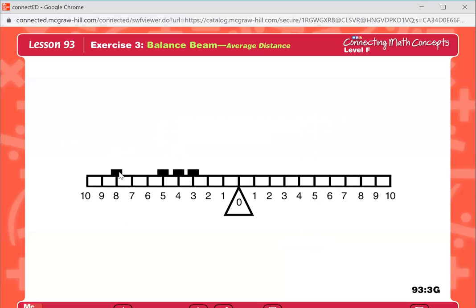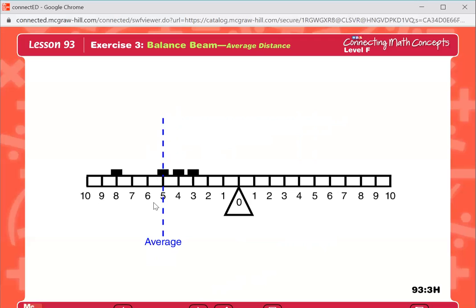By 4, because you have 4 weights. So what does 8 plus 5 plus 4 plus 3 equal? That equals 20, and you're going to divide it by 4. 20 divided by 4 equals 5. So your average line is going to be on the 5.